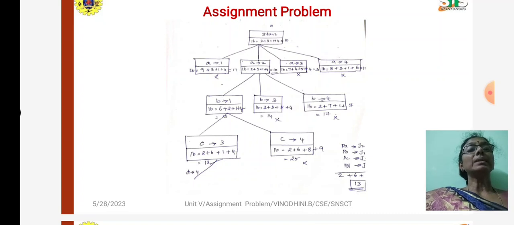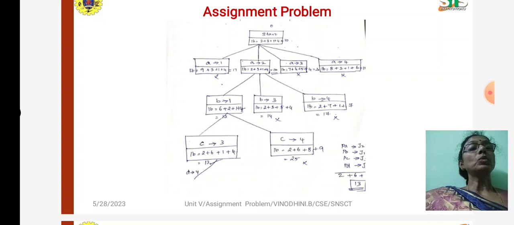In the first assumption, job 2 is assigned to A and job 1 is assigned to B, the lower bound value is 13. Job 2 and job 3 assigned consecutively to A and B gives a lower bound value of 14.